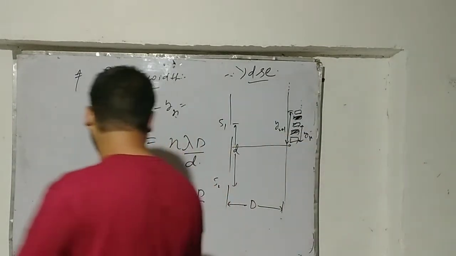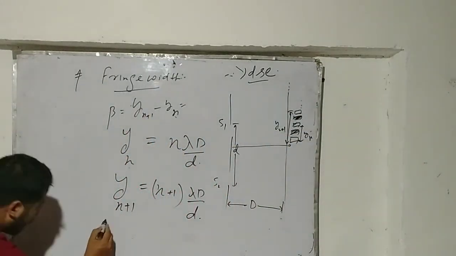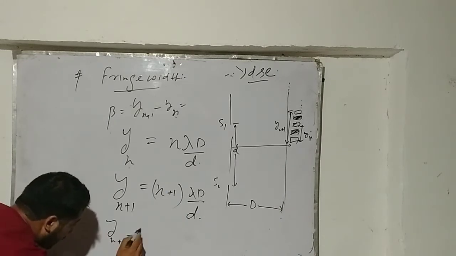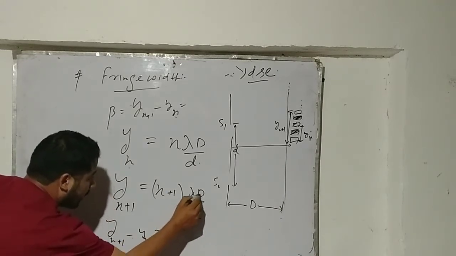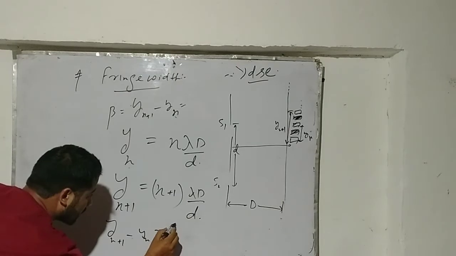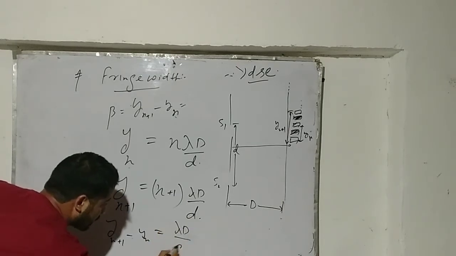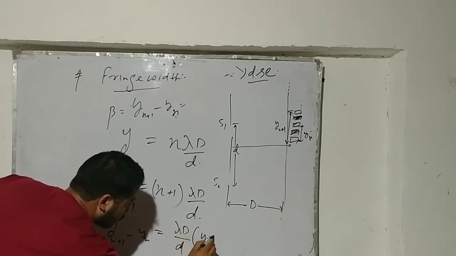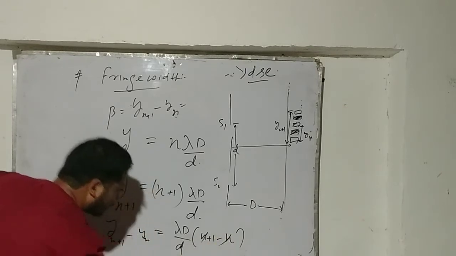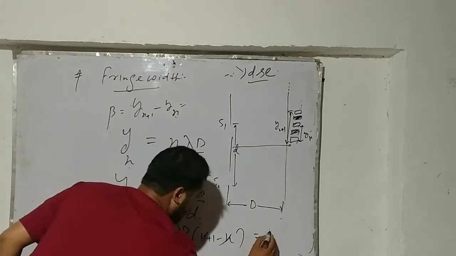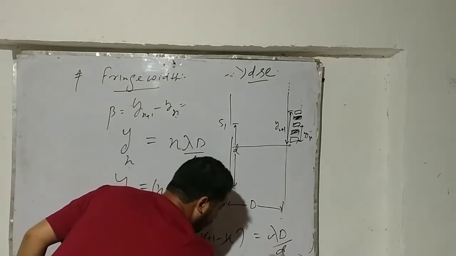What I get is yn plus 1 minus yn, which is lambda D over d, that's constant, times n plus 1 minus n. This cancels, and simply I get lambda capital D over small d.